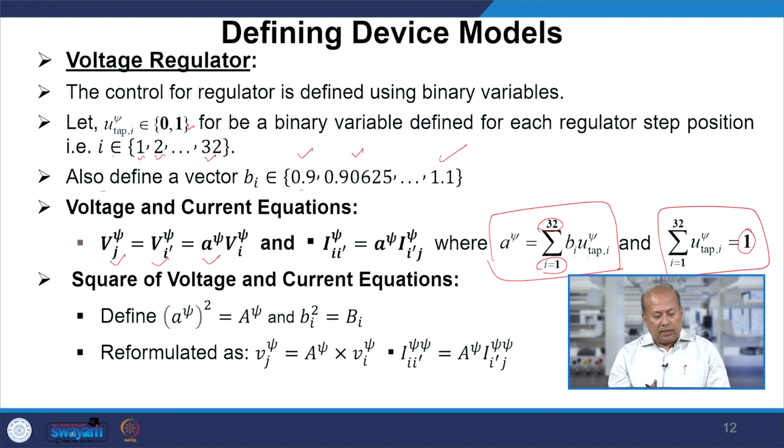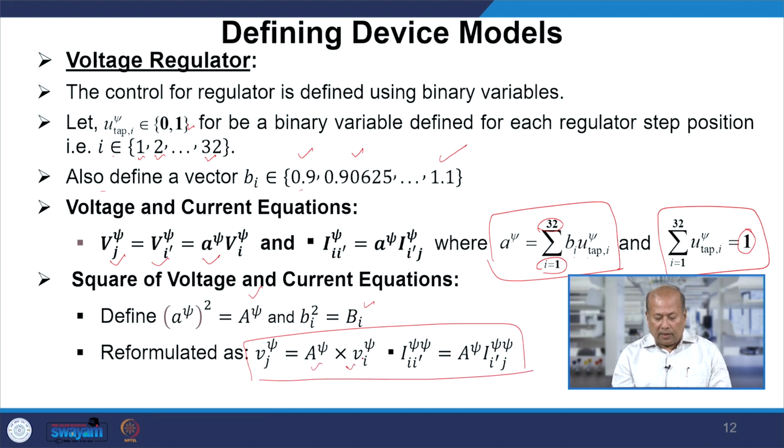Now, the square of voltage and current equations, where we can define A square, and Bi square becomes Bi, and reformulated as defined by Vj, which is Vj psi, equal to A psi times Vi psi, and similarly Ii' psi equal to A psi Ij' psi.